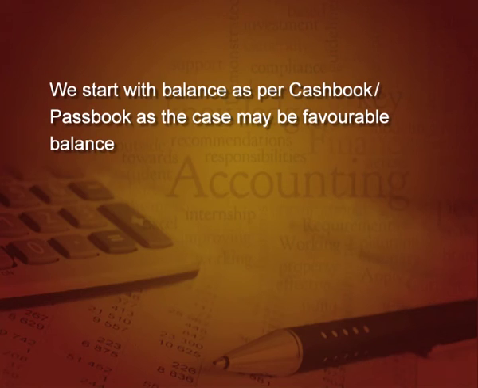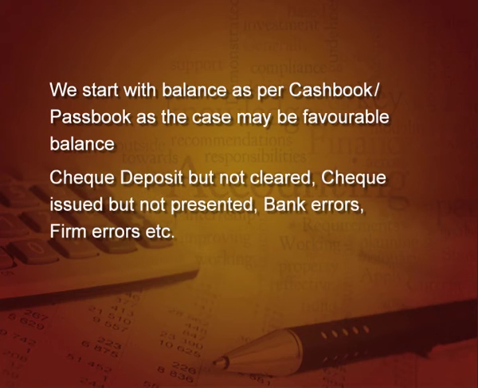Please remember, first we are doing favorable balance, and then we have to look for all those points which we discussed in our last session, that is check deposited but not cleared, check issued but not presented, bank errors, firm errors, etc. All these things have to be added or subtracted.